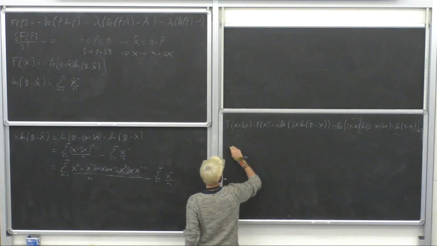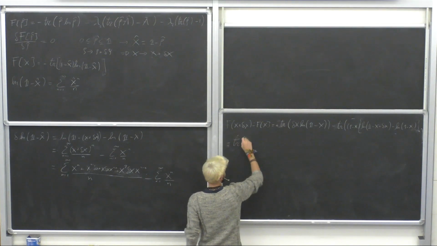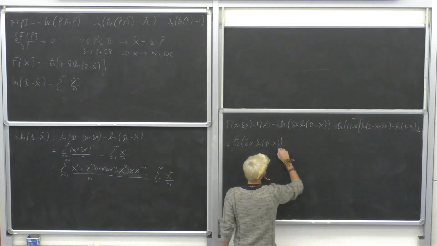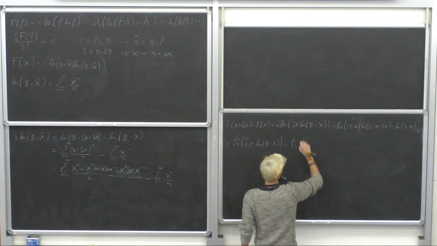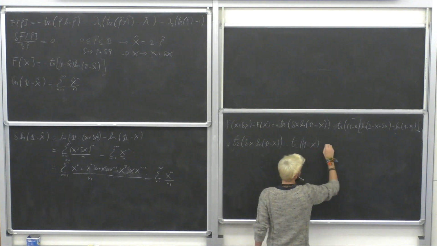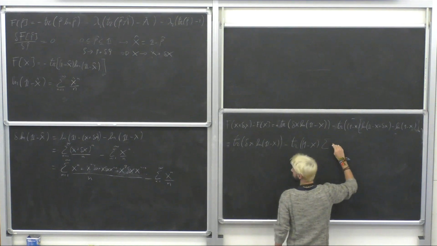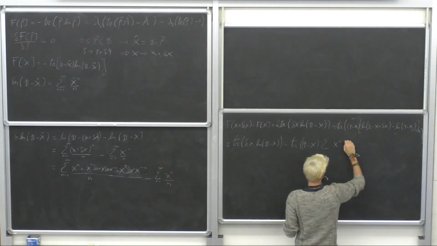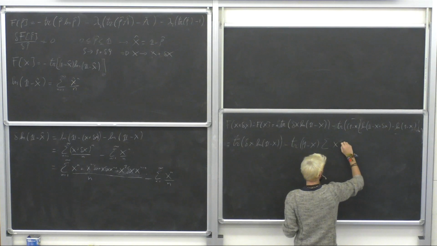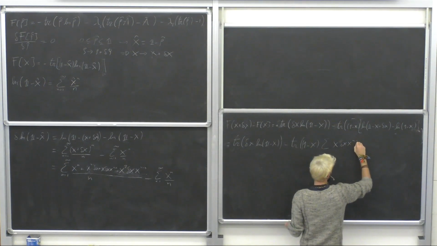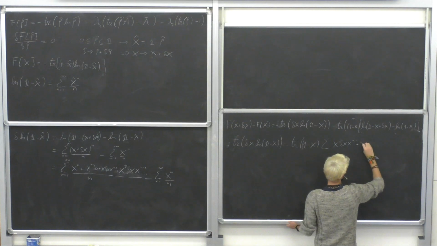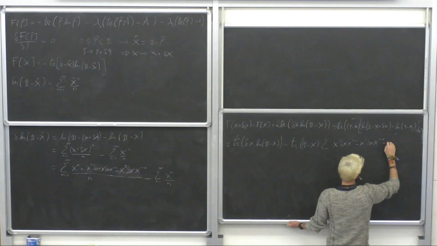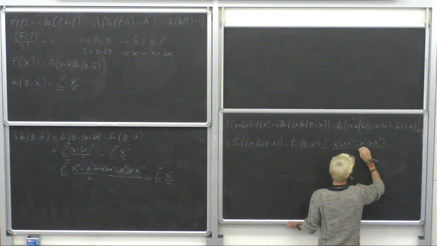The first part is, and then we have the sum of this, over n.